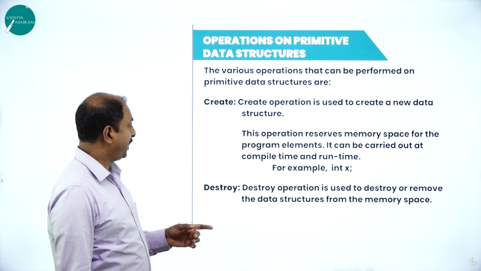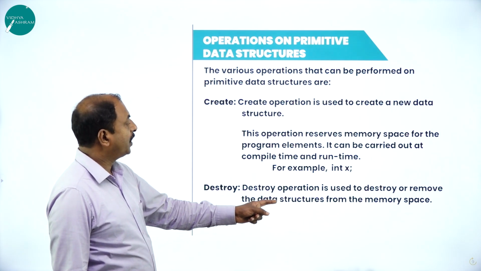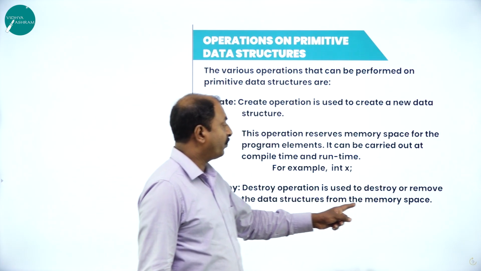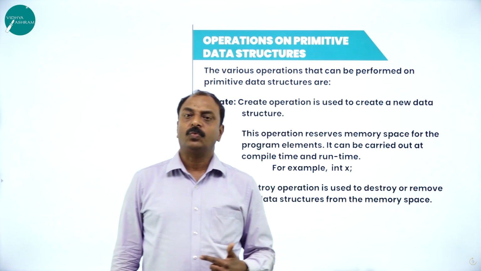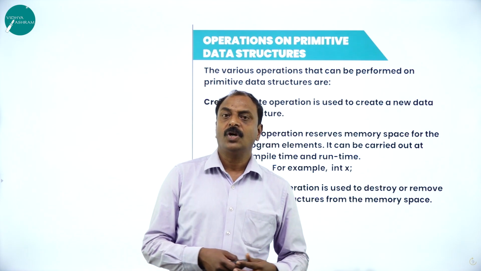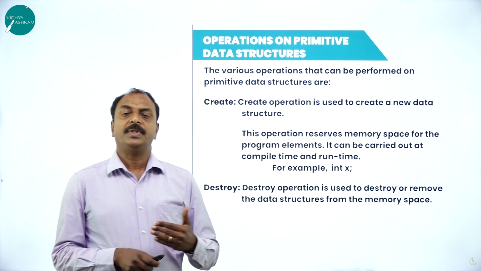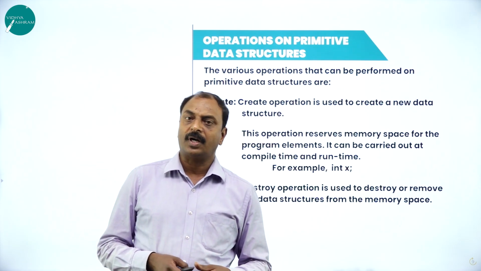The next operation is destroy. The destroy operation is used to destroy or remove data structures from the memory space. What is the meaning of destroy? Once the data structure is created, it will be there in the computer memory for a long time.